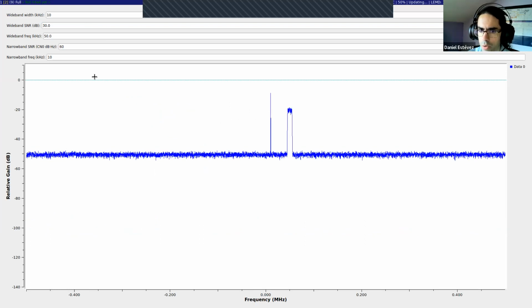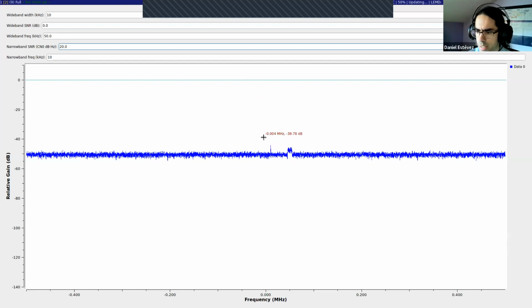Now, what do we want to do? What we want to do is to really detect weak signals. And by weak signals, I mean something that maybe has a 0 dB signal to noise ratio, or even less than that. We will see what happens with 0 dB signal to noise ratio and discuss why that happens. And maybe a narrowband signal of 20 dB hertz or something, or even lower.